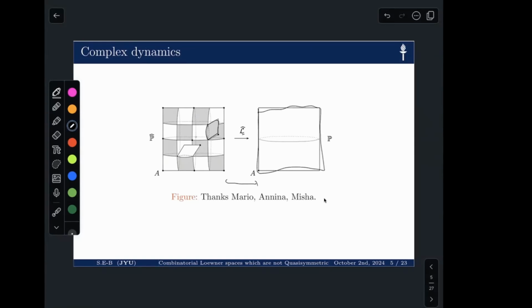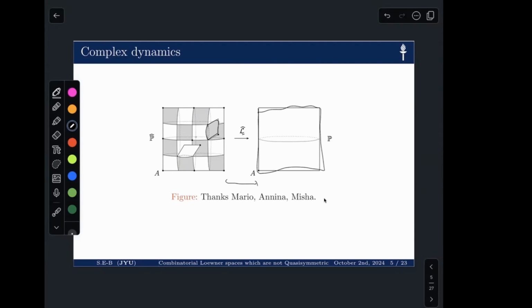The pillow space here is just two squares glued together. The coloring there, black and white, indicates which side of this pillow the things are glued to. So this map on the left is a combinatorial description of it, and one can ask whether this can be realized, or is equivalent in a specific sense, with a rational map.